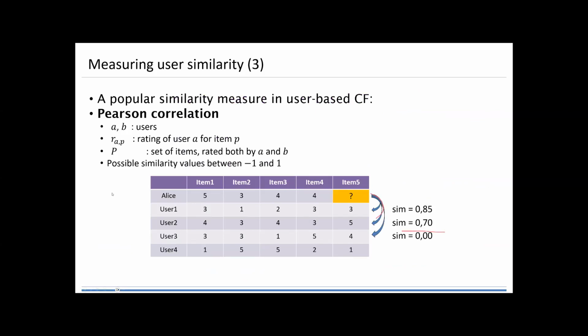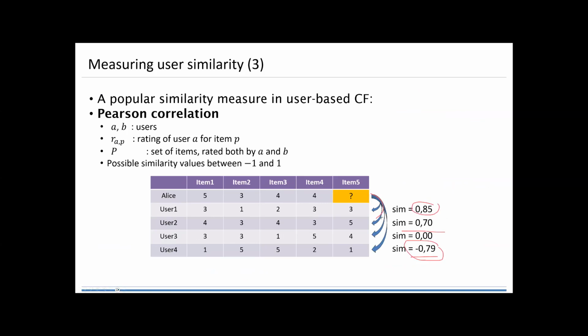Between Alice and user 3, it is 0. And between Alice and user 4, it is minus 0.9. So you can see this one is far away from Alice, and user 1 is the most similar to Alice.